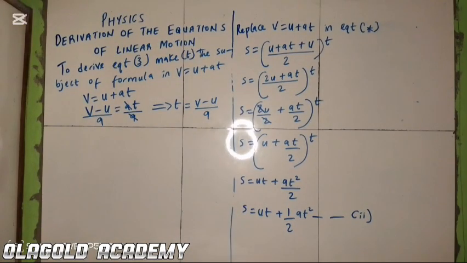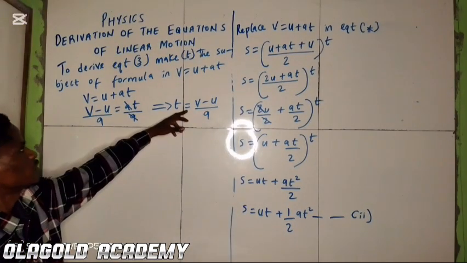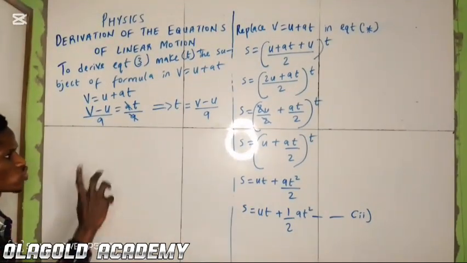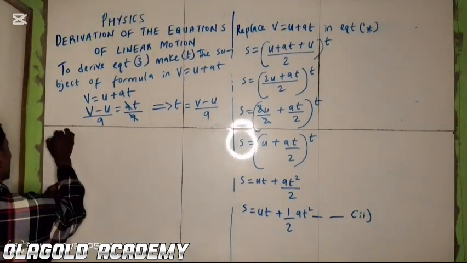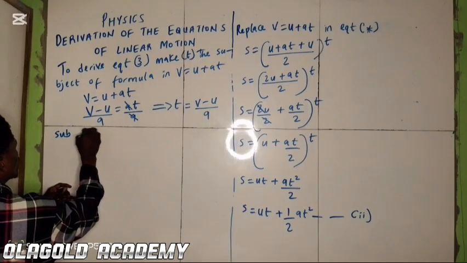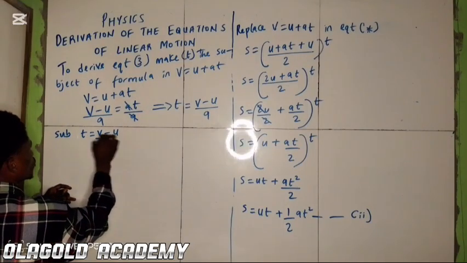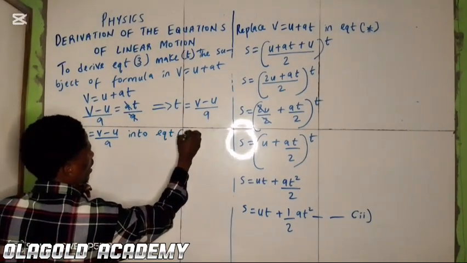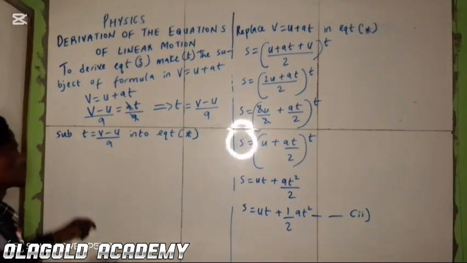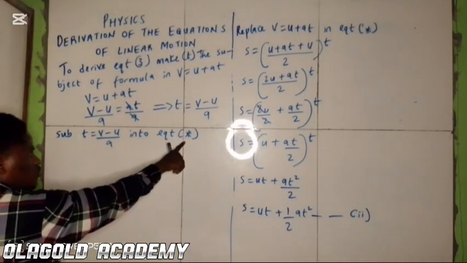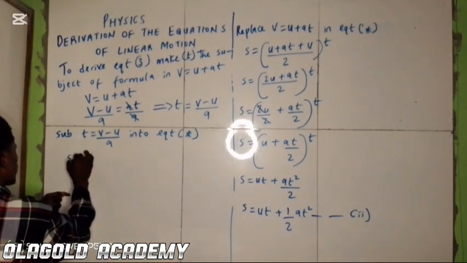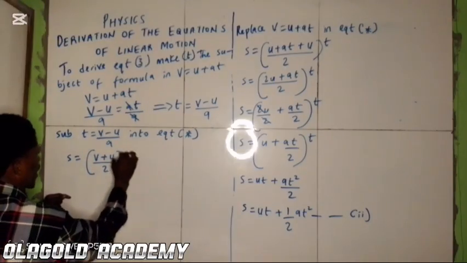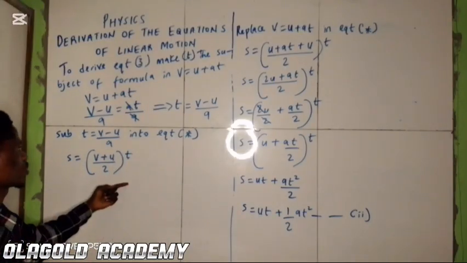So what's the next thing there? Let's substitute T equals V minus U over A into equation asterisk also. Now let's recall, equation asterisk is S equals V plus U over 2 multiplied by T. So what next?